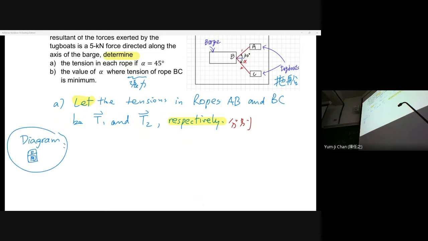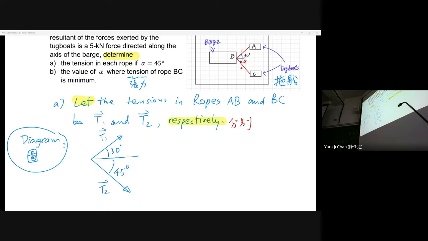Of course, in examination you don't need to write this. I just want to show the diagram. So we have T1 here and T2 here, and this is 30 degrees and this is 45 degrees.